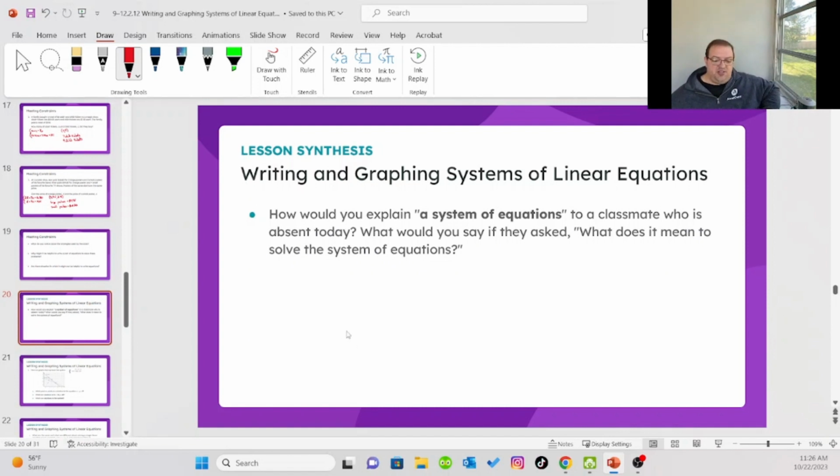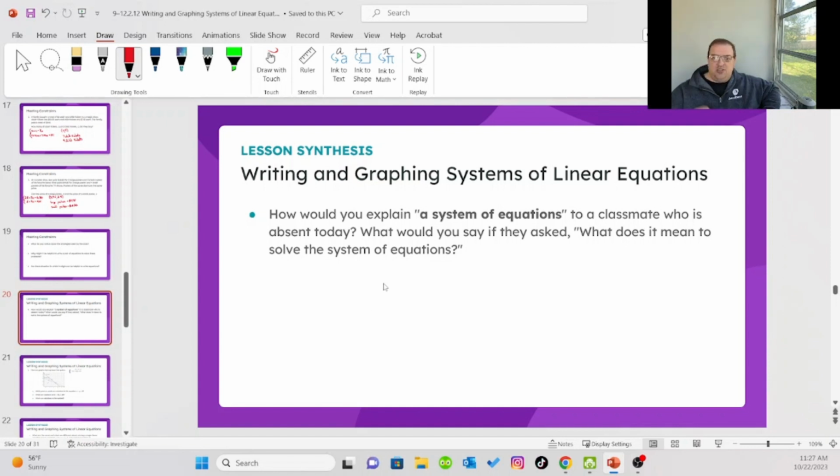Our lesson synthesis. How would you explain a system of equations to a classmate who is absent today? What would you say if they asked, what does it mean to solve the system of equations?